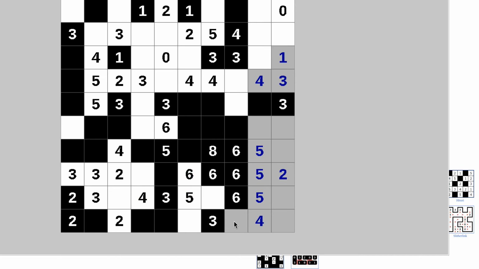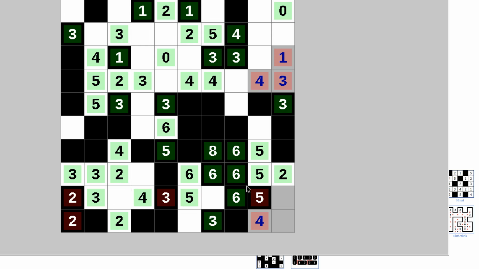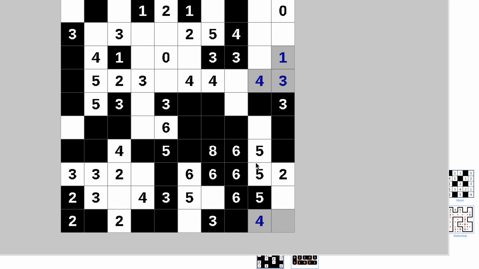Which gets you to here. This is equivalent to a 4 due to this, which gets you to here. This is satisfied. This just needed 1 more white around it. That's already satisfied, as you can see, and that solves the puzzle.